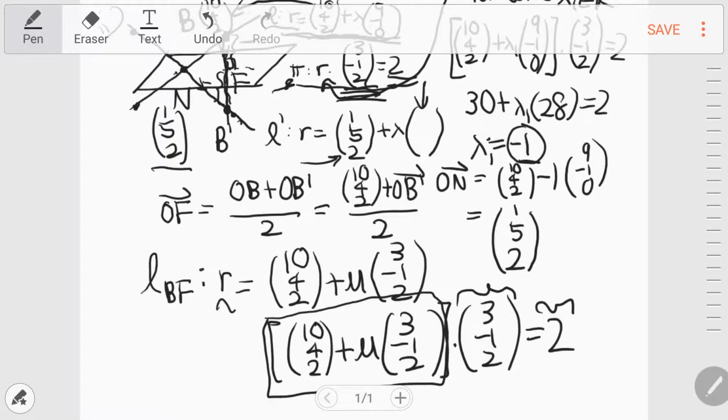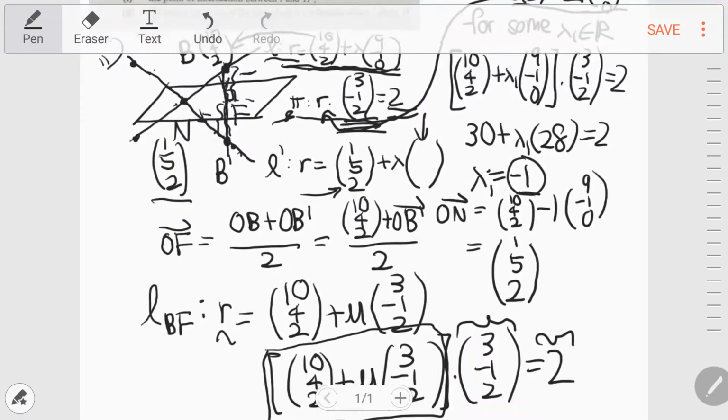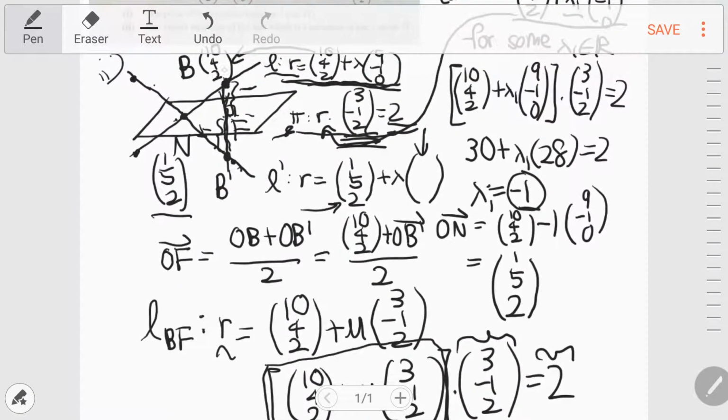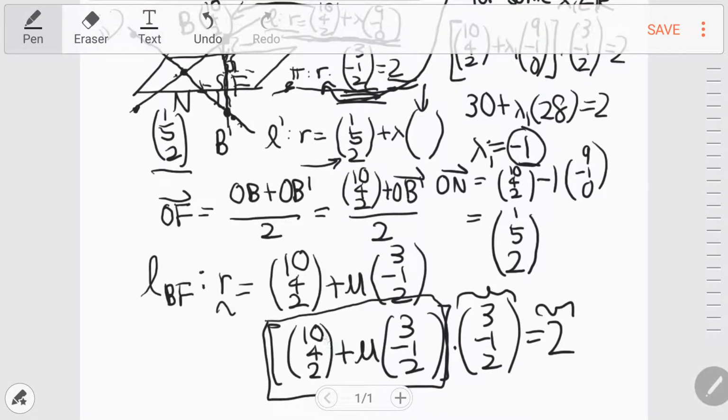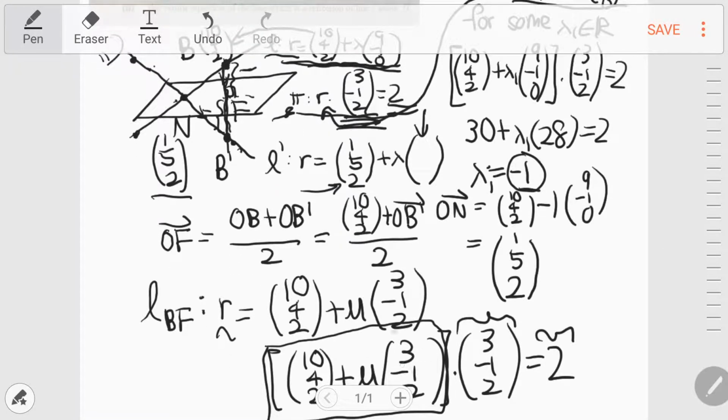Basically, I'm doing a simultaneous equation of the line's equation with the plane equation to find the point of intersection, which is what OF is. And if you ask me why the line equation is this, it is because the line contains the point 10, 4, 2, right? So we use 10, 4, 2 as the position vector, and because this line is perpendicular to the plane, we use the plane's normal as the direction vector of that line.